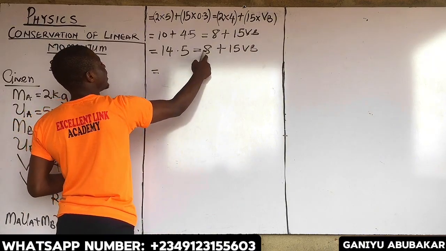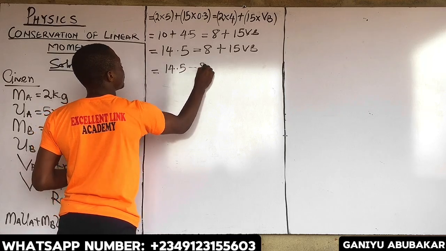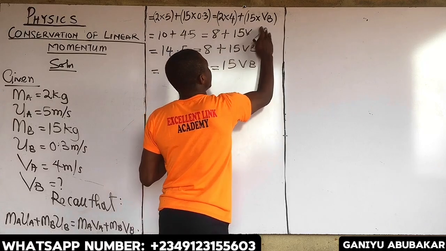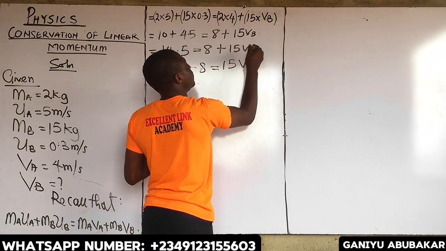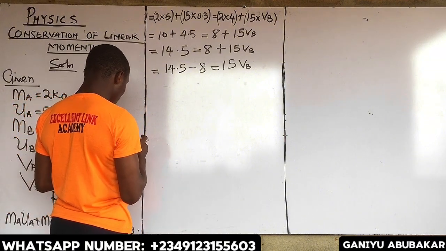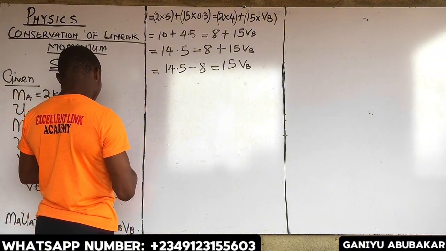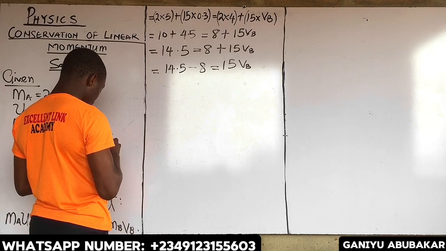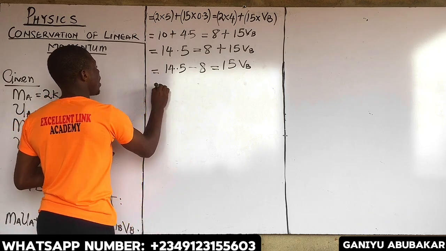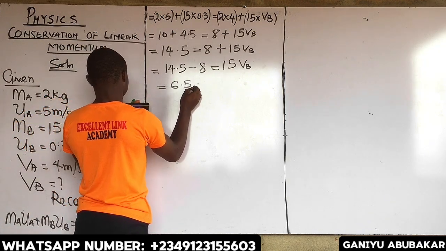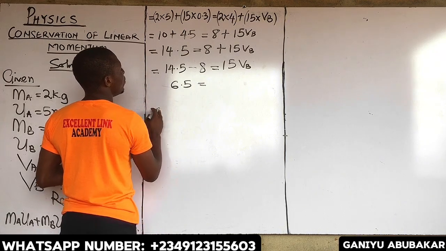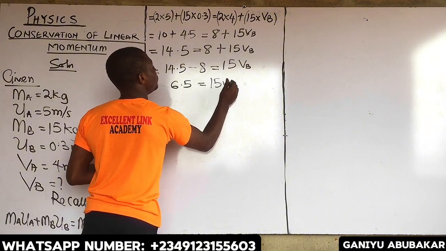Take 8 away: 14.5 minus 8 is equal to 15 VB. Subtracting, I'll have 6.5 is equal to 15 VB.